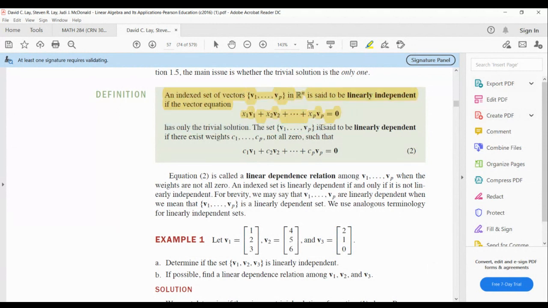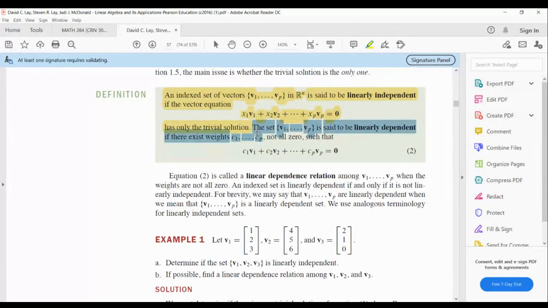So we say that a set of vectors is linearly independent if the vector equation there has only the trivial solution. And the trivial solution means x1 equals 0, x2 equals 0, x3 equals 0, and so forth. All the x's equal 0.